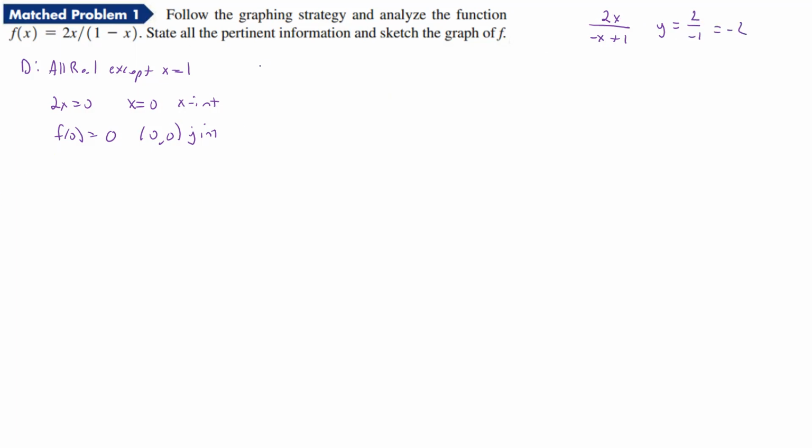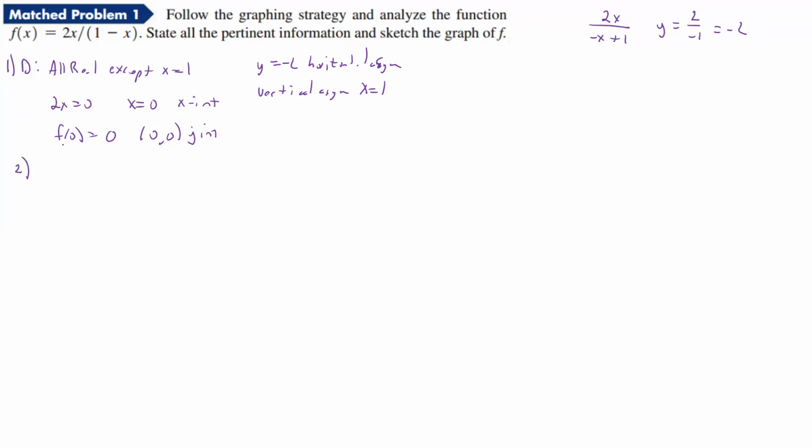So we can say over here, y equals negative 2 is our horizontal asymptote. And because we can't have x equals 1, we have a vertical asymptote at x equals 1. So now we've got the horizontal, the vertical, and all that stuff. This should be everything I think they asked for in part 1.